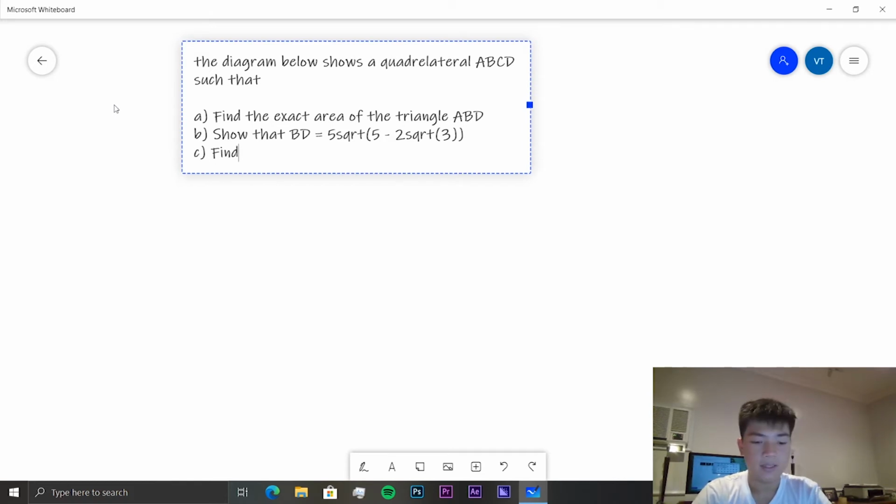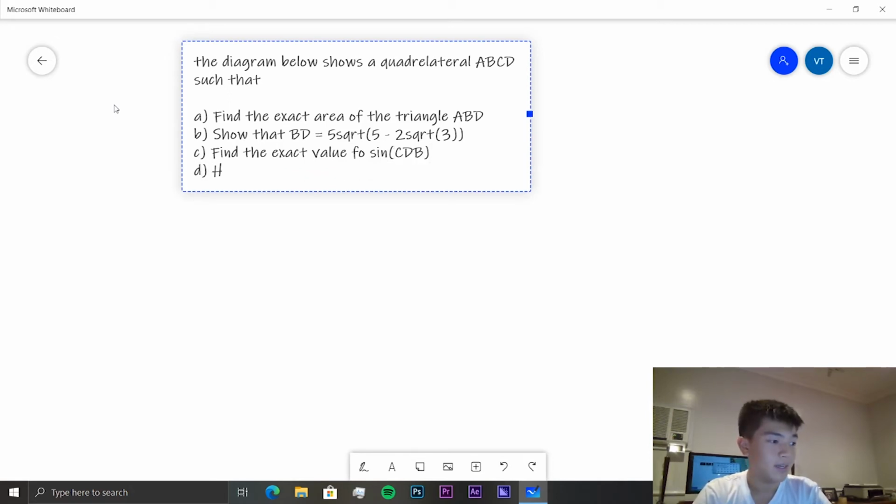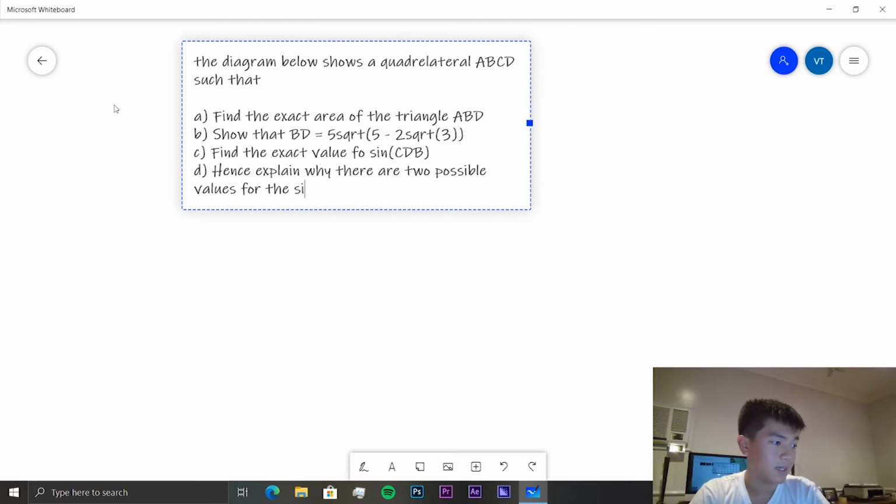C, find the exact value of sine CDB. And finally, hence explain why there are two possible values for the size of the angle CBD, stating the relationship.